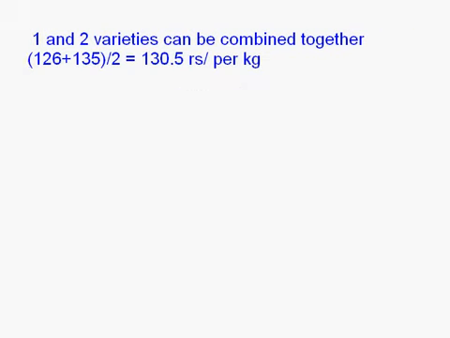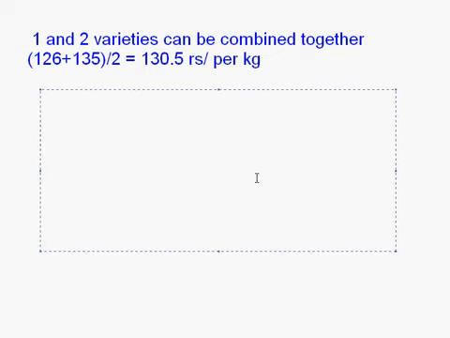So we can again create the same chart, in the same way like I did in the previous video. I'll write here 130.5. Over here we need to find out the third variety, so we'll assume it to be x, and the mixture should be 153, right?